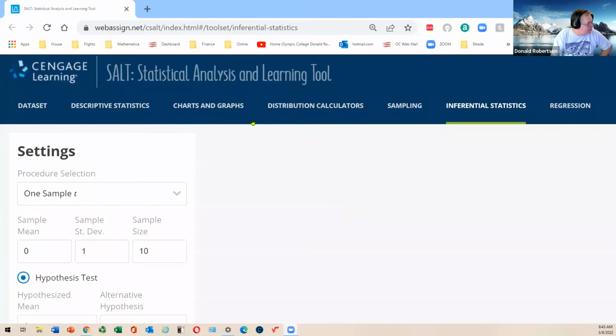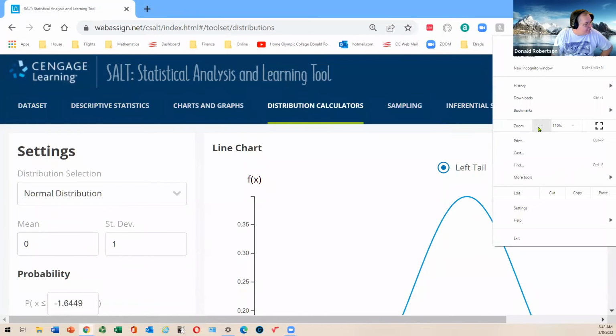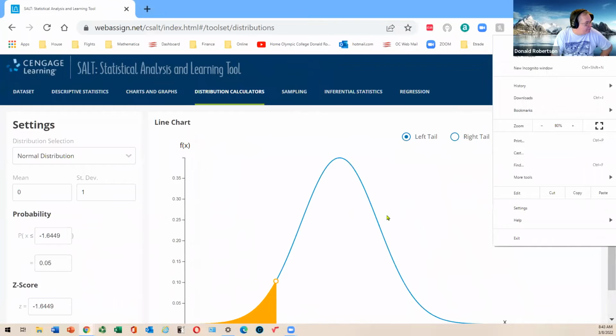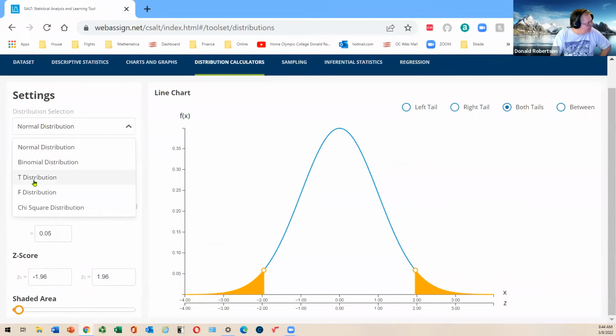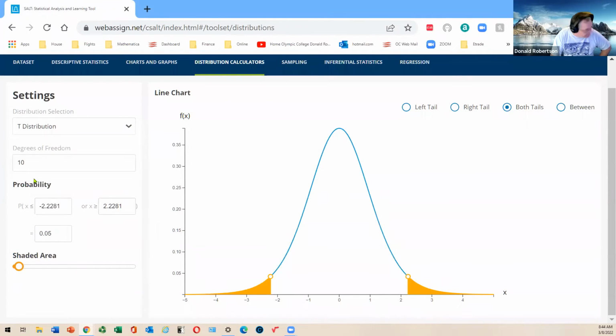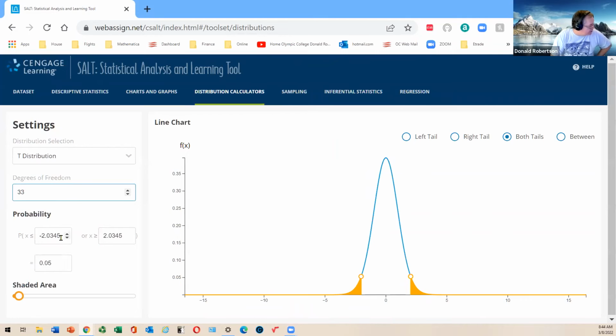Let's see what we get here. So the two-tail is by far the ugliest one to deal with. But let's see if I can shrink this window up so you can kind of visualize it. Here we go. Now, both tails. That's why it's called two-tailed, right? T-distribution. There were 34 numbers in the data, so the degrees of freedom are 33.